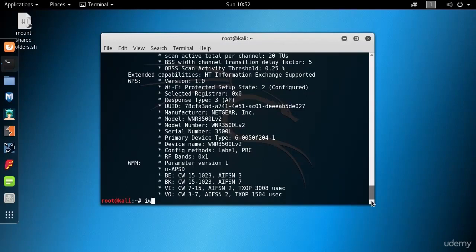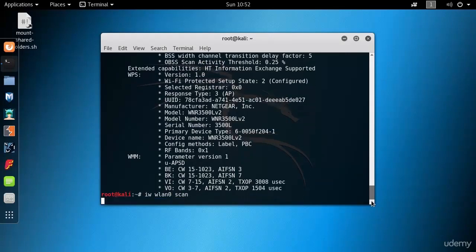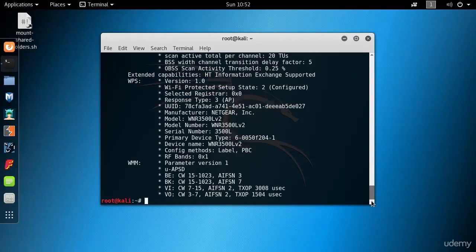What else can we do with iw? By the way, instead of typing dev, in cases where there's no ambiguity, you can drop the dev. So then something like iw wlan0 scan will also do the same scan.